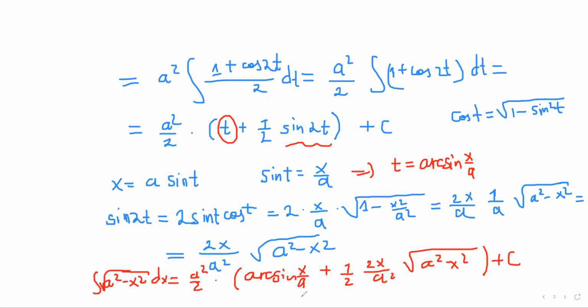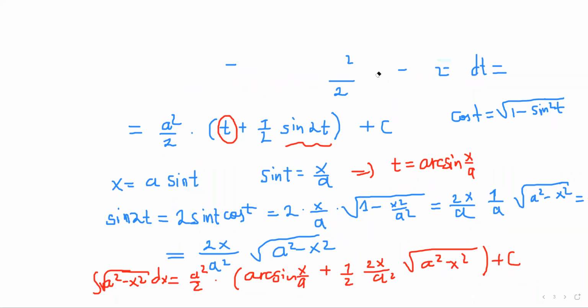Actually, we can do some simplifications here. I'm going to delete the upper part here, because we don't need this part anymore. If you are not sure, you can go back in the video, scroll back and check again. So we multiply here: a squared divided by 2 arc sine of x divided by a, plus.